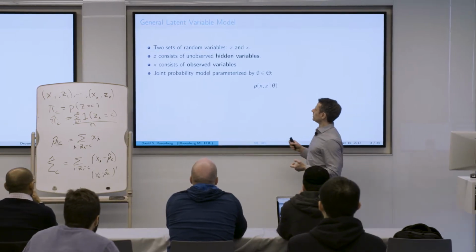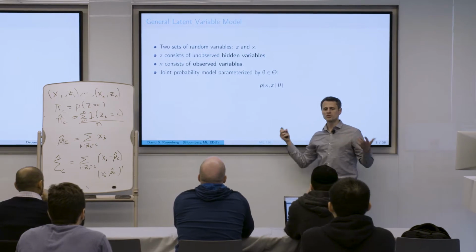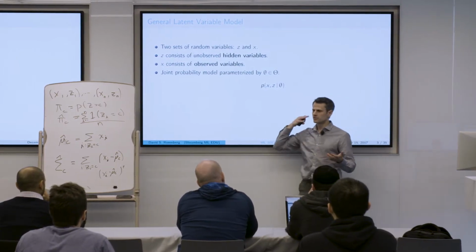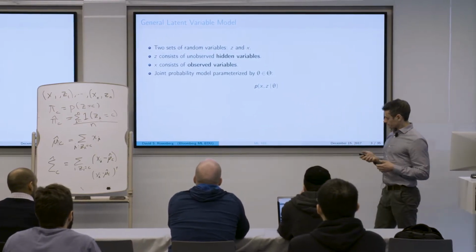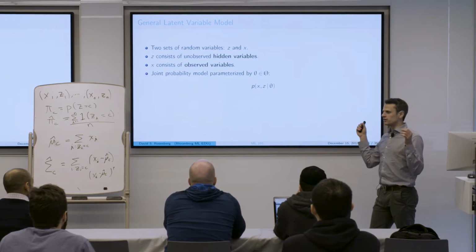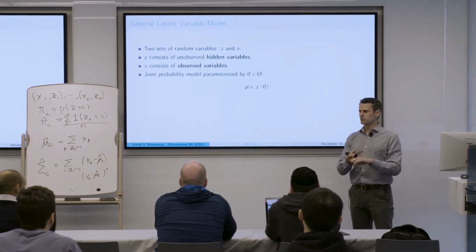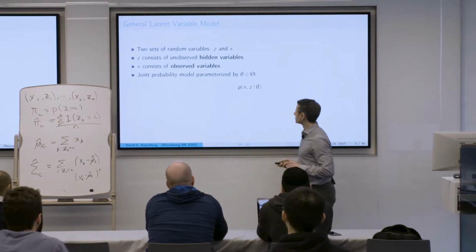So the joint probability model, the set of possible joint probability distributions that we are considering on x and z, will be parameterized by some theta in some parameter space, capital theta. All right? So this theta in the Gaussian mixture model case would have absorbed all the pi's, all the mu's, and all the sigmas, which we'll now just write as theta.